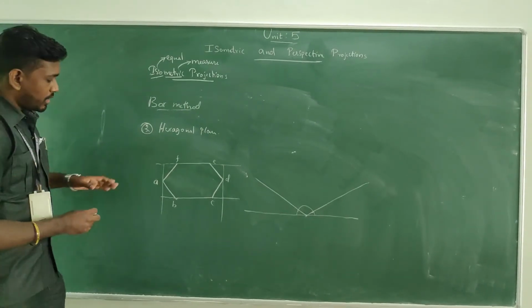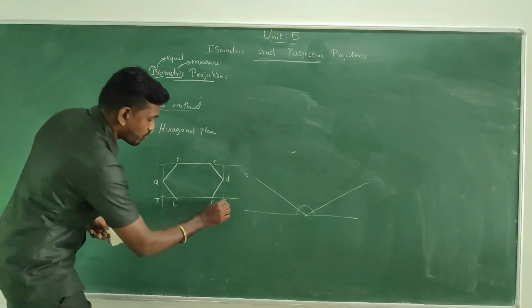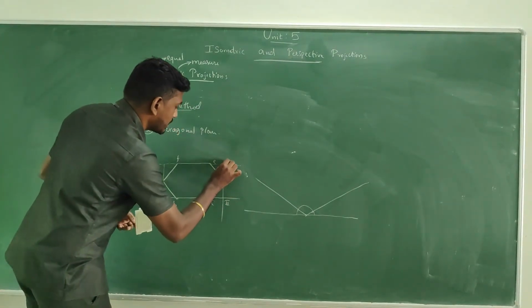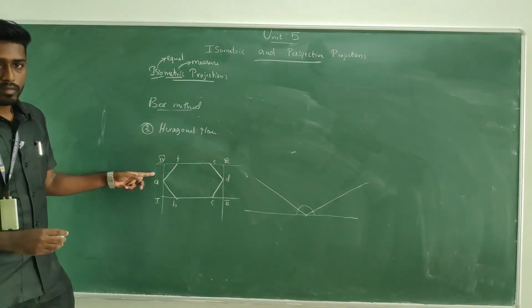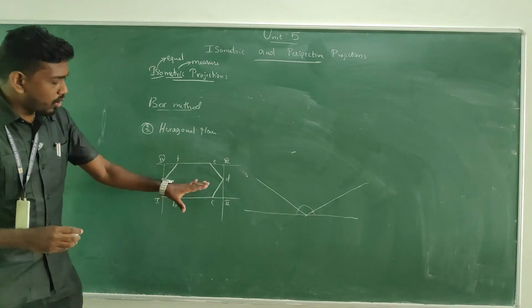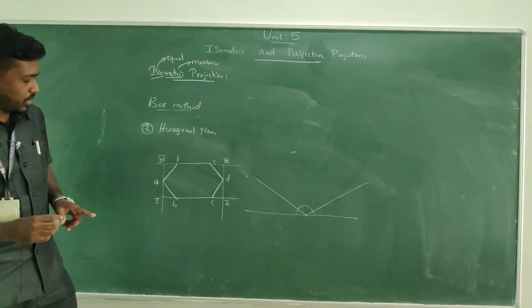Now, to make things easier, give names for it. I am going to take this as Roman numeral 1, this is 2, this is 3, and this is 4. First you have to take this boundary to the isometric axis.